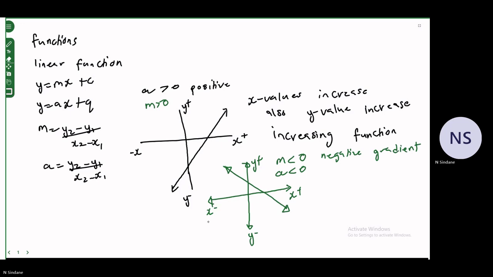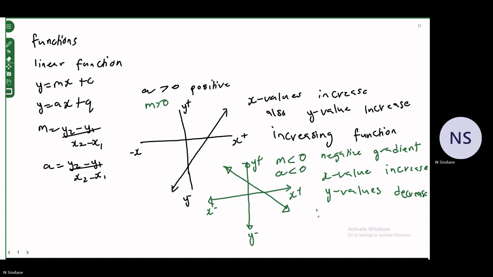You can see that when the x values increase from negative x values up to positive x values, the y values are decreasing. So when x values increase, y values decrease, right?